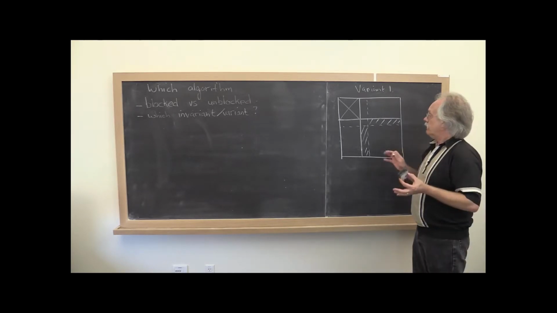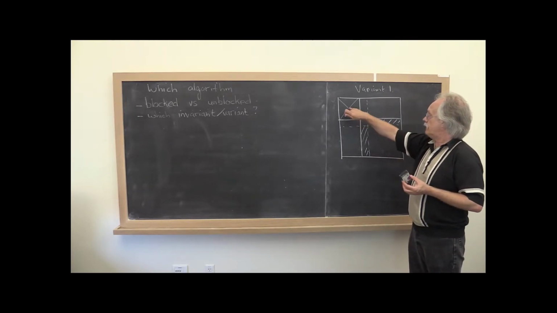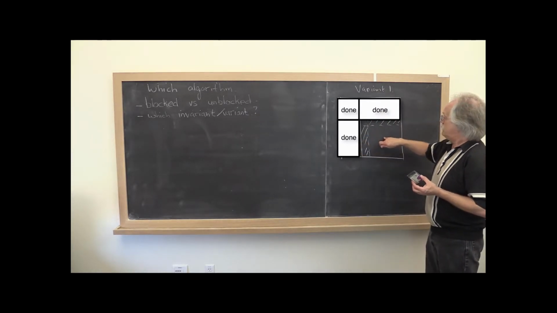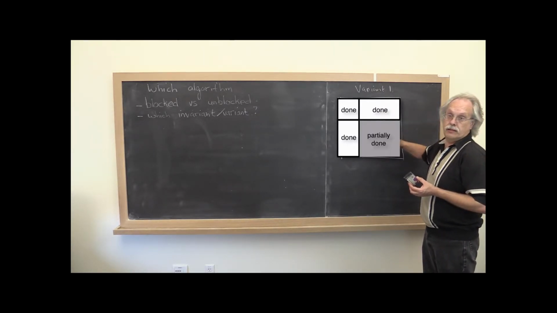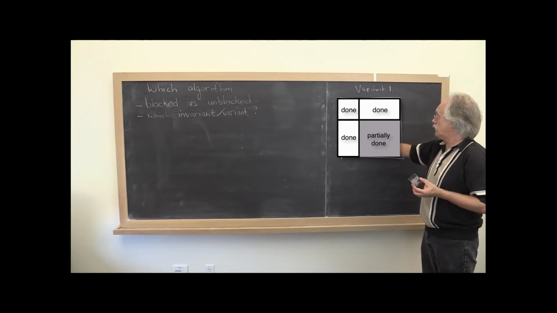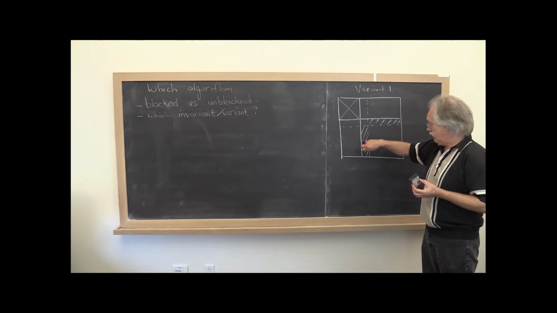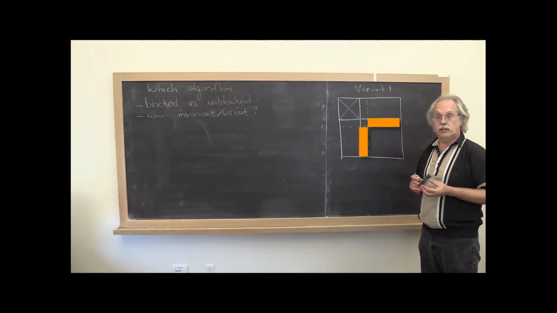Now, variant 5 maintains the loop invariant where this is completely done, and this quadrant is partially updated, and as a result the blocked algorithm casts most computation in terms of exactly that shape of matrix-matrix multiply.